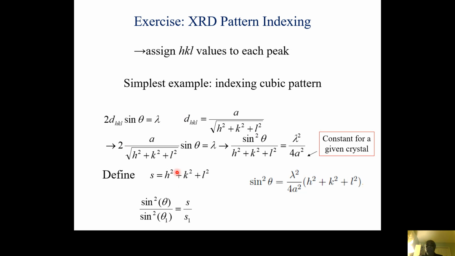S is for a given plane, and this is for a different plane. So we only need to calculate the ratio between the sine squared values. That's the important thing to understand. When you give me a diffraction pattern, what I'm going to do is just compare the ratios between the sine squared values. That will give you the plane indices, because that ratio corresponds to your plane indices, right?